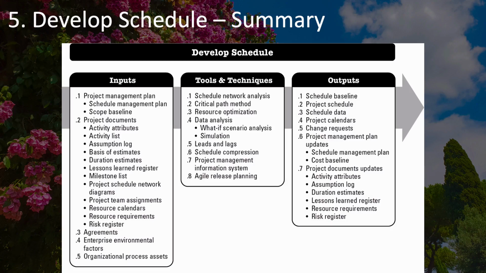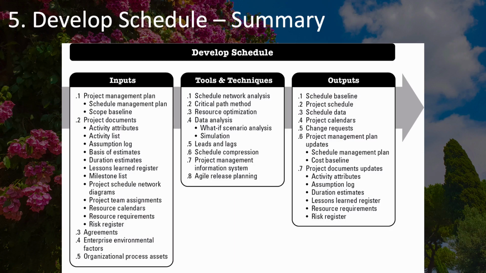Inputs include, of course, the project management plan, particularly the schedule management plan and the scope baseline. That includes a lot of detail that you need. Many project documents, many of which were generated by previous processes in schedule planning, such as your activity list and attributes, as well as some from other areas, such as resource management.